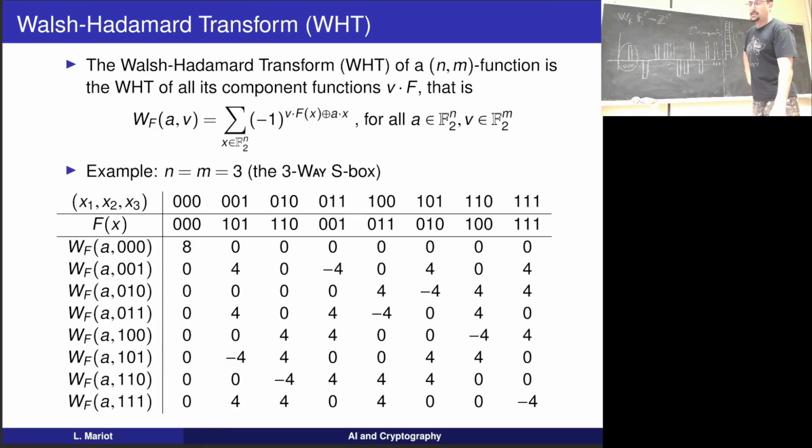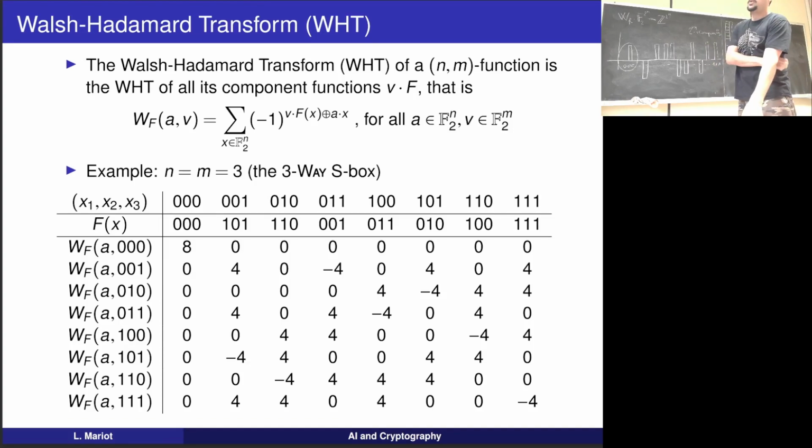Balancedness now is basically defined, if you have the generic case of n inputs and m outputs, as something where you have balanced preimages, in the sense that if you take any output vector y, then the number of preimages that are mapping to that particular output vector needs to be always the same number. So 2 to the power of n minus m.